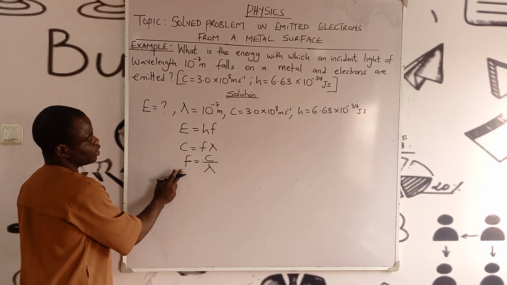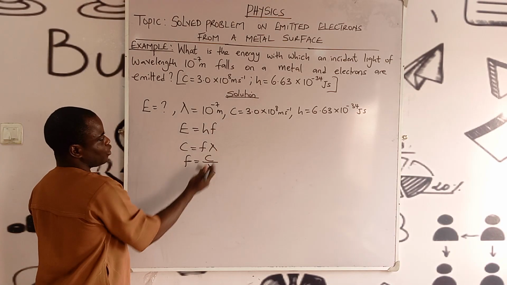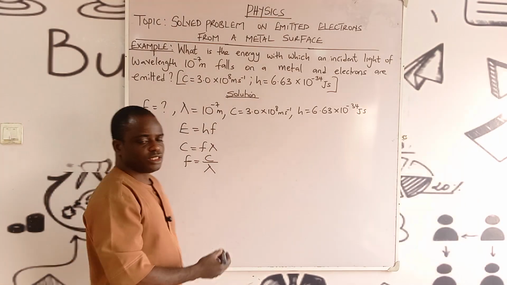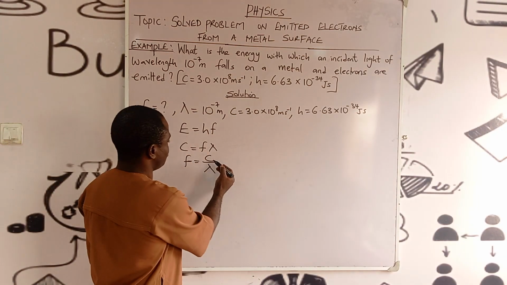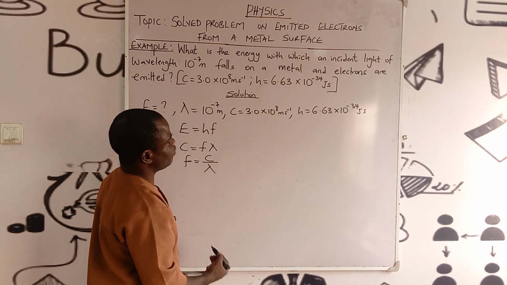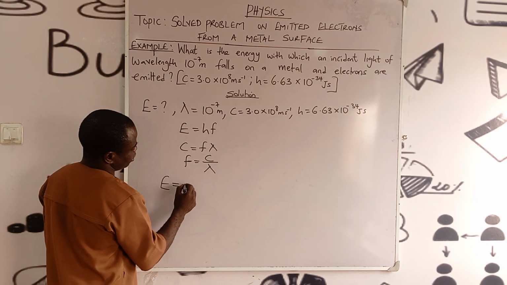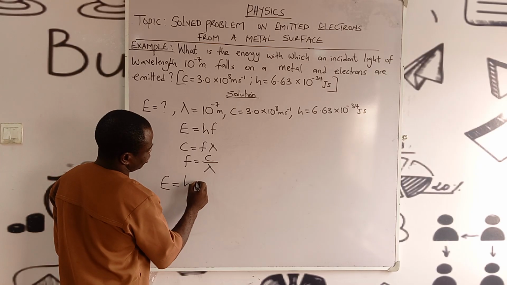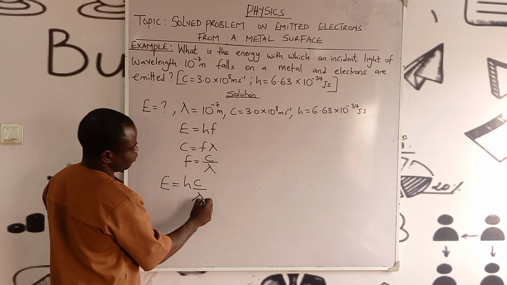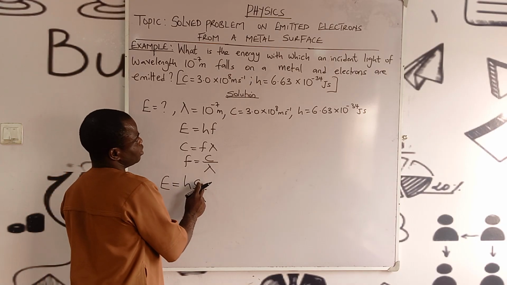You replace the frequency in the formula because you don't have the frequency, but you have the speed and the wavelength. You now have energy equals hc over wavelength, h being the Planck constant multiplied by the speed.